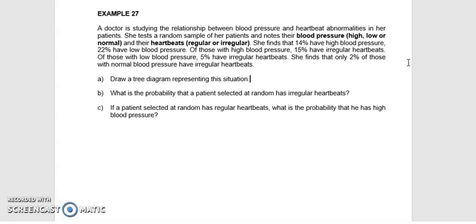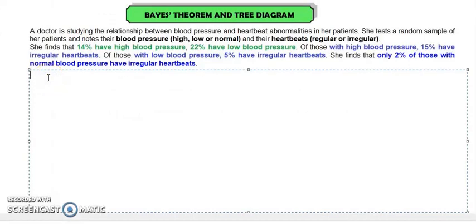Okay, first step, always list the notation that we want to use based on the events. The first event is blood pressure, so let's say H for high blood pressure, L for low blood pressure, and N for normal blood pressure.